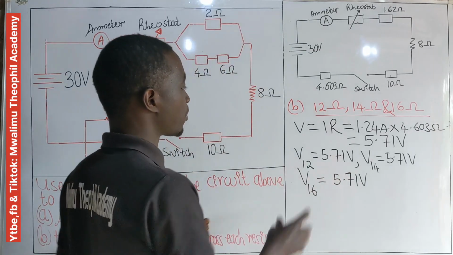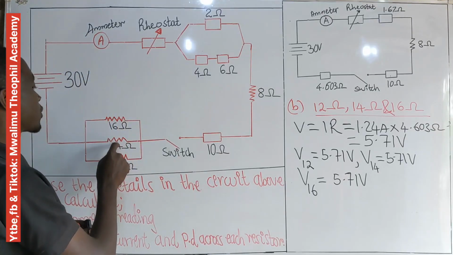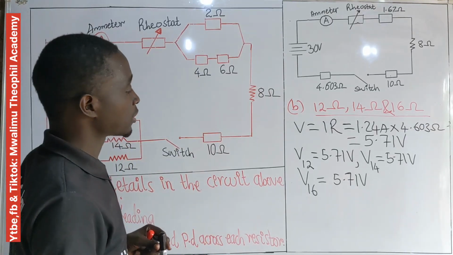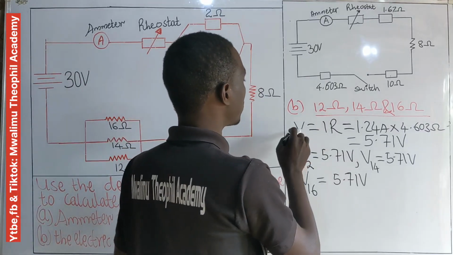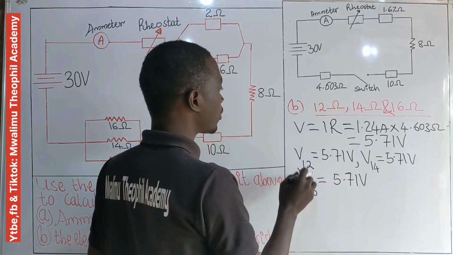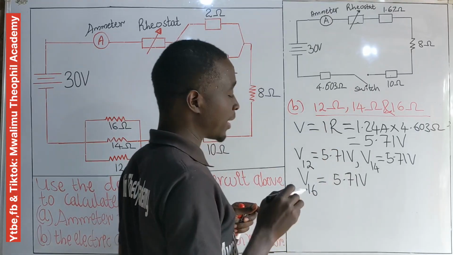Now we are through with the potential difference in the 12, 14, and 16 ohm resistors. What about their currents? As usual, we apply Ohm's law. V is equal to IR, so current will be equal to V divided by R.